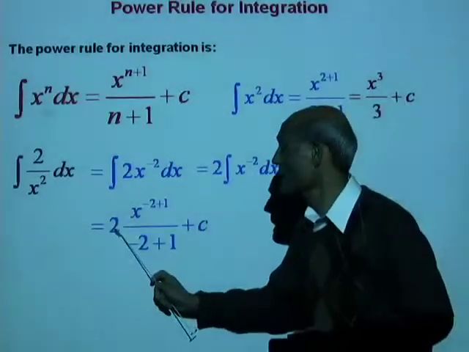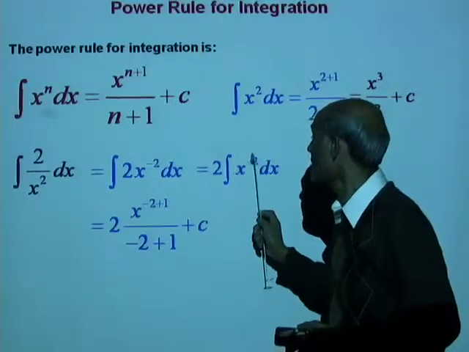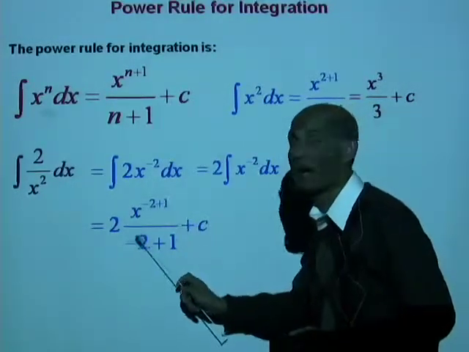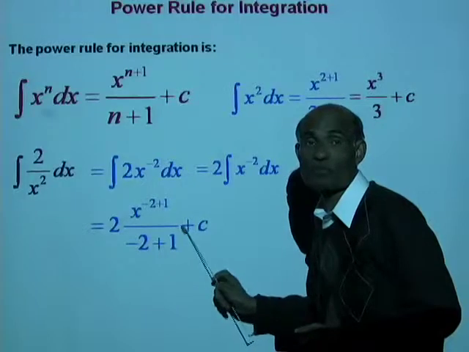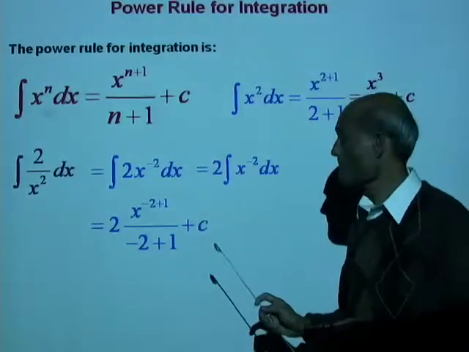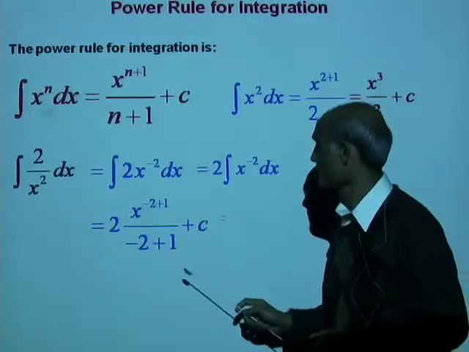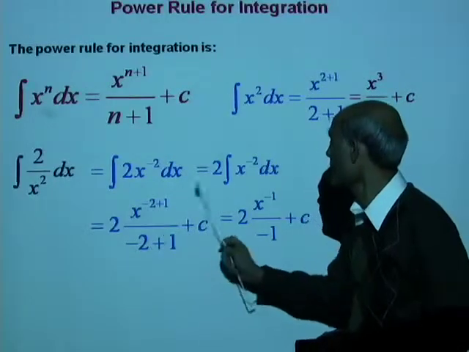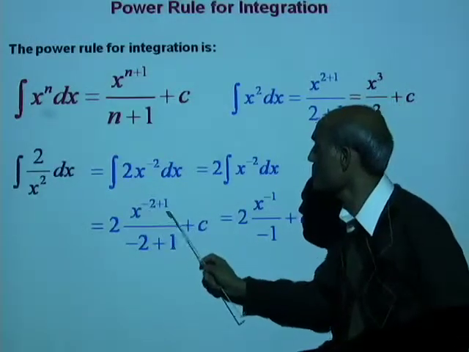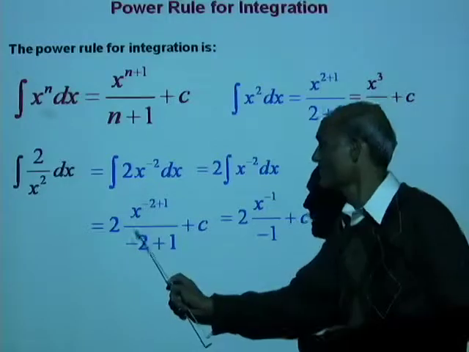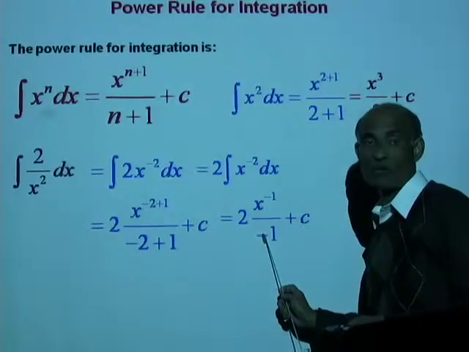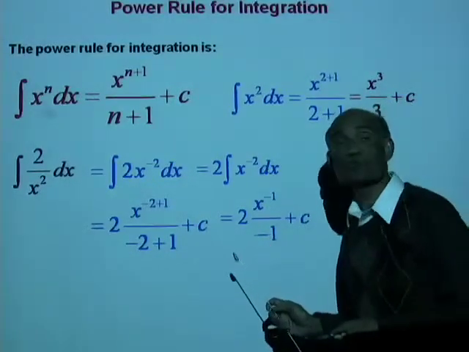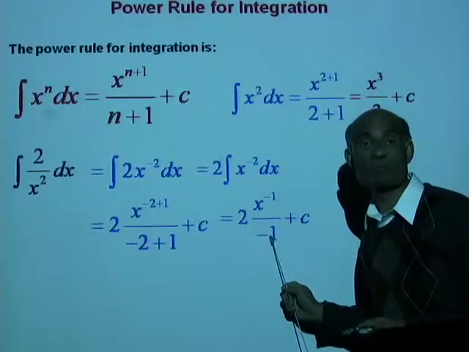So that 2 there, 2 times x to the power of negative 2 plus 1 over negative 2 plus 1, plus c. What is that equal to? That will be 2 times x to the power of negative 2 plus 1, which is negative 1, and the denominator is negative 1. Now, there are 2 things that you need to do here to simplify.